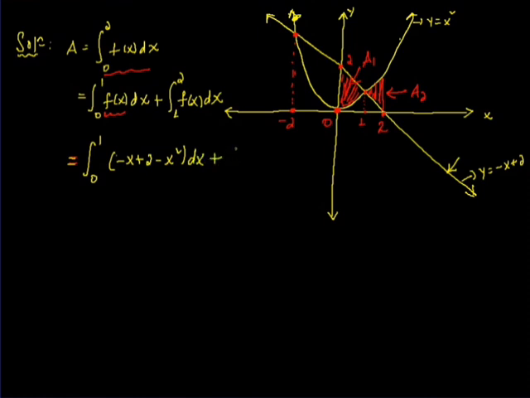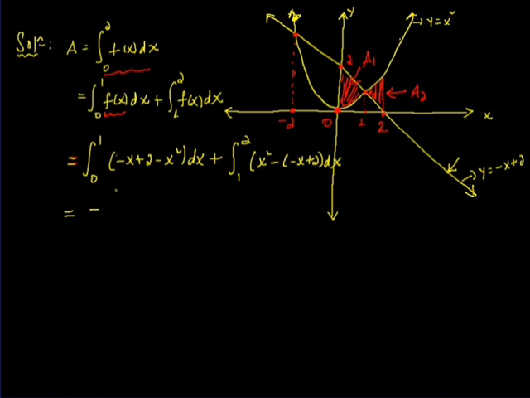In the second region we calculate from 1 to 2, x squared minus (minus x plus 2) dx. So let us calculate these integrals.